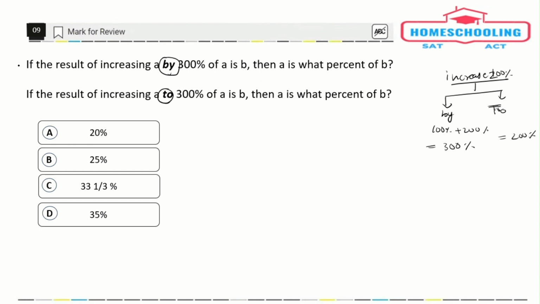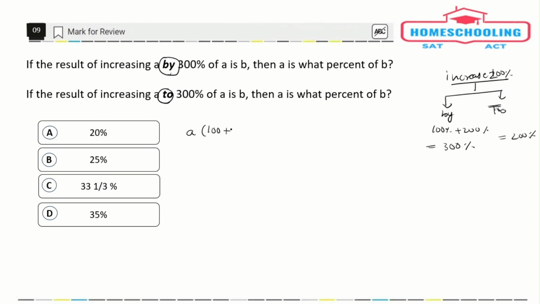So let's take both the questions one by one. The result of increasing A by 300%. So it was already 100% and it is increased by 300%.